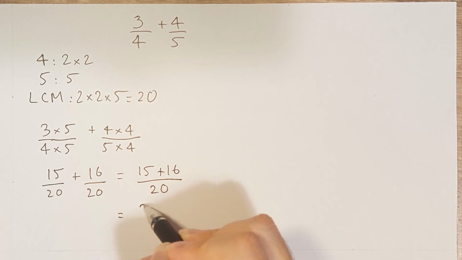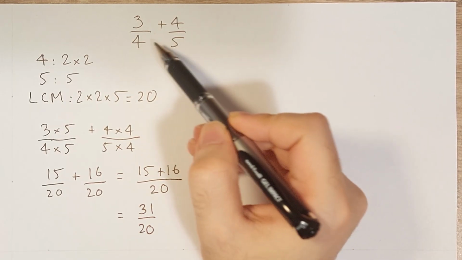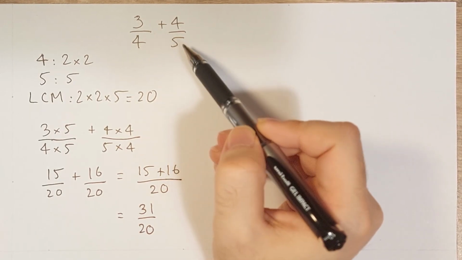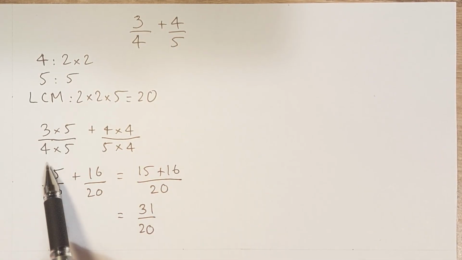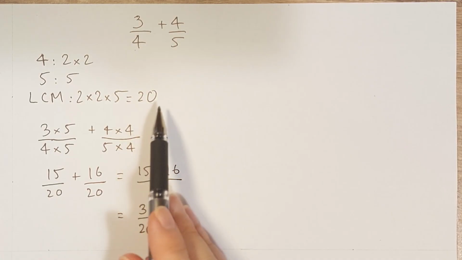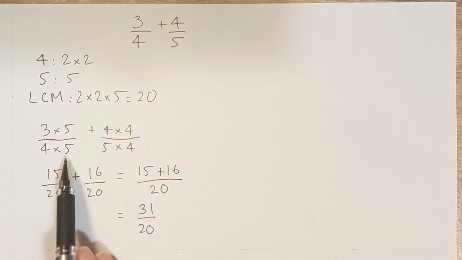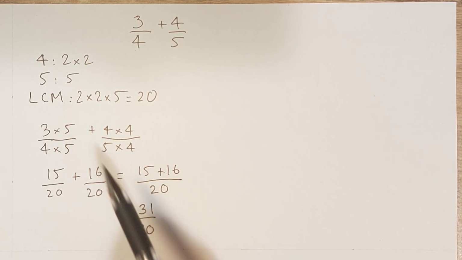This gives us 31 by 20. So what we did was, we looked at the denominators of both the fractions. We found the least common multiple. We converted both the denominators to the least common multiple by multiplying by a number. And we multiplied the numerators for both fractions by the same number.